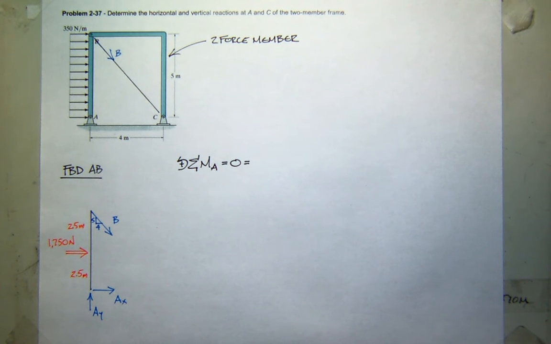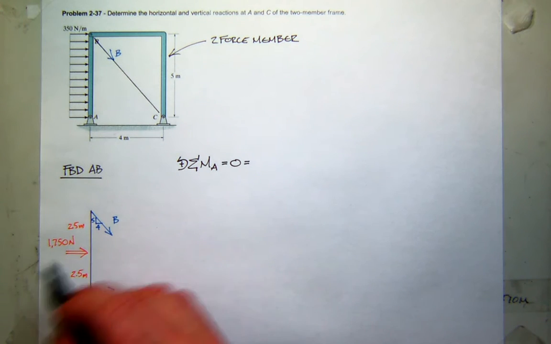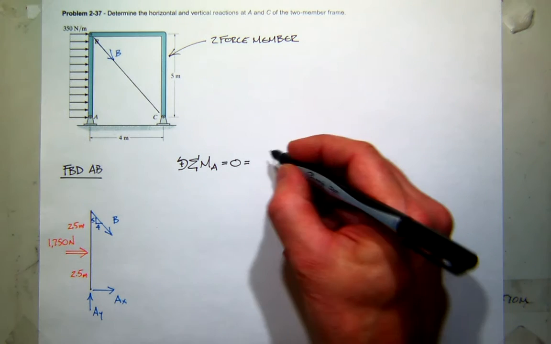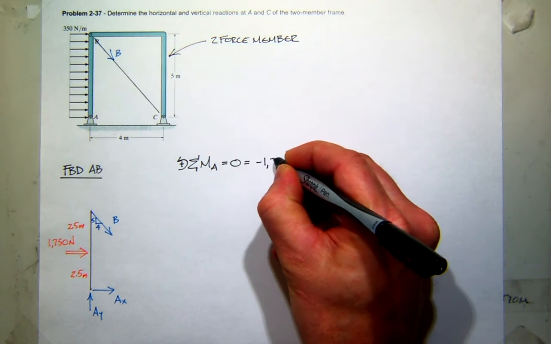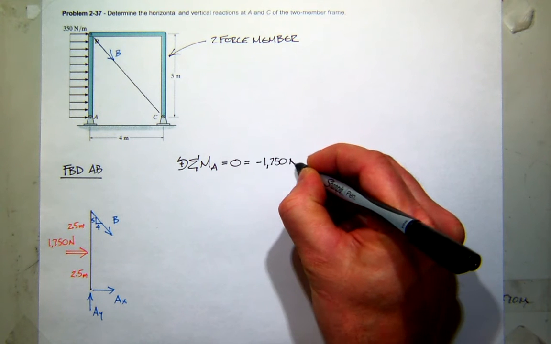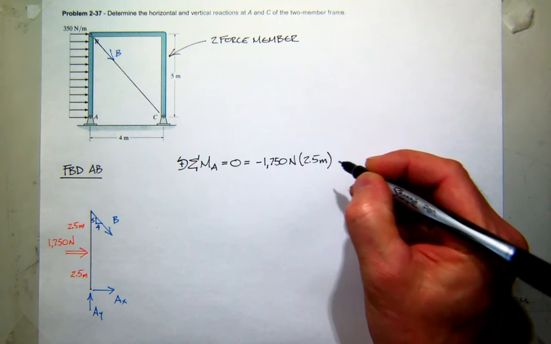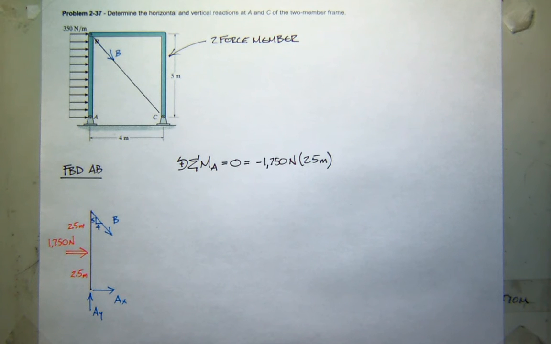Mr. Brown, what's the moment about A for this 1750? Is it positive or negative? That is negative. Right. What's the moment arm? 2.5. Correct. Everybody see that? Mr. Street, what's the moment of the B about A?